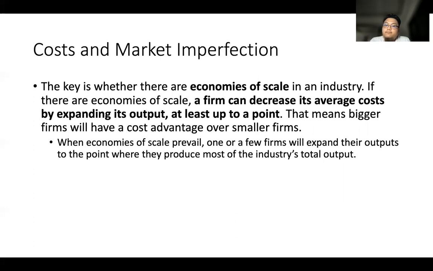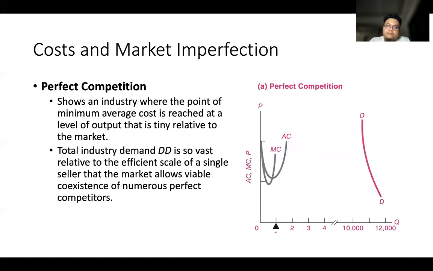So that's what economies of scale being applied to. That's a signal, or the source, of imperfection in the market. We give further details through a graph.